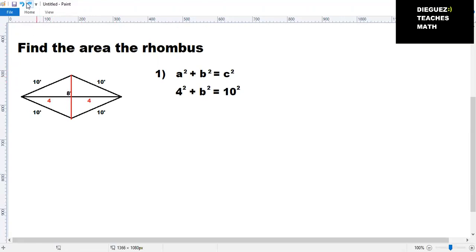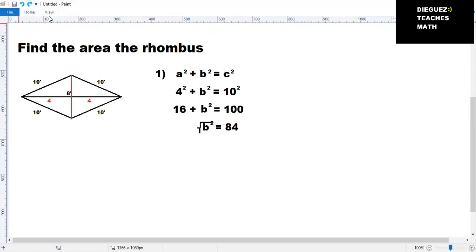I'm going to fill in what I know. I know a is 4 squared, b I don't know, but I do know that the hypotenuse is 10. Working it out, 4 squared and 10 squared, 16 and 100. We subtract the 16 over to this side, and we get that b squared is 84.